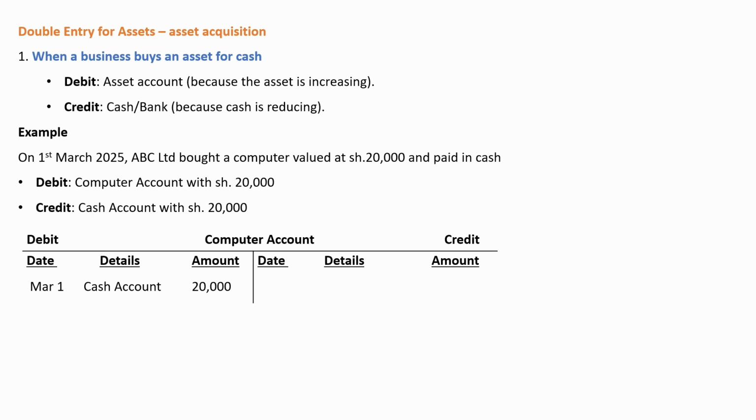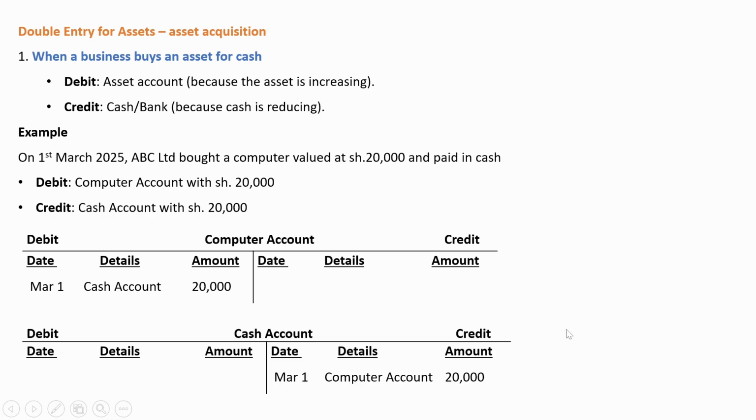So when you are in the computer account, the other account is cash. That is the one you are going to write under the details. And then you write the amount, 20,000. So if you go to the cash account, the title is going to read cash account, but the details you're going to say computer account. So you have the cash account there.